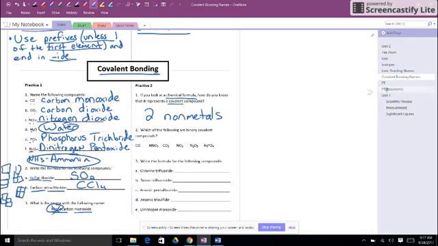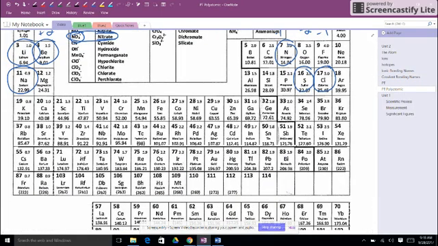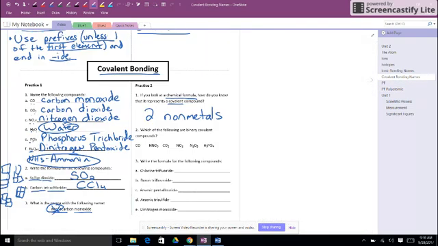So if your compound starts with anything in this area over here, these are the metals. So then we are not using prefixes. We're just going to use those ionic bonding rules. So which one of the following are binary? So that term binary, again, means made of 2 elements.